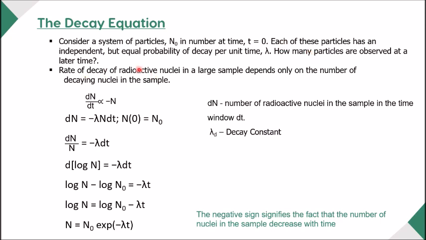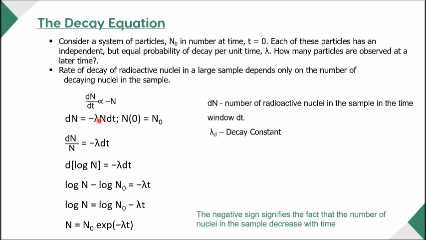The rate of decay of radioactive nuclei in a large sample depends only on the number of decaying nuclei in the sample. So we can represent dN/dt as proportional to minus N, where dN is the change in the number of radioactive nuclei in the sample in the time window dt. With a proportionality constant, dN equals minus lambda N dt, where lambda is called the decay constant.